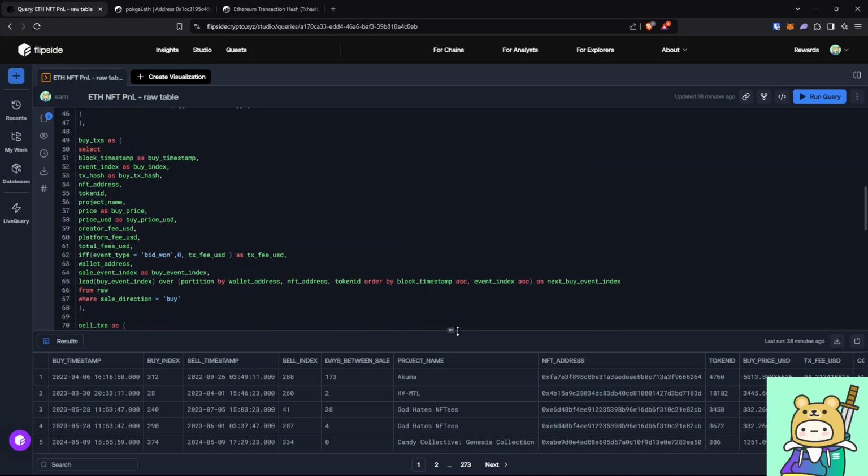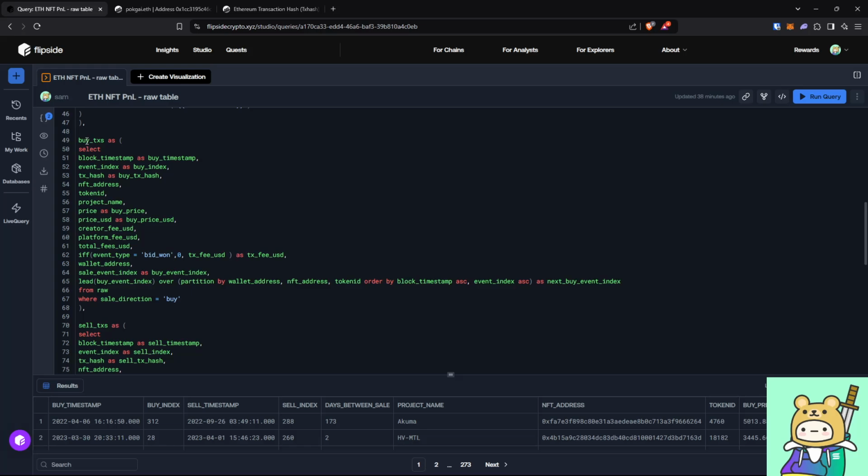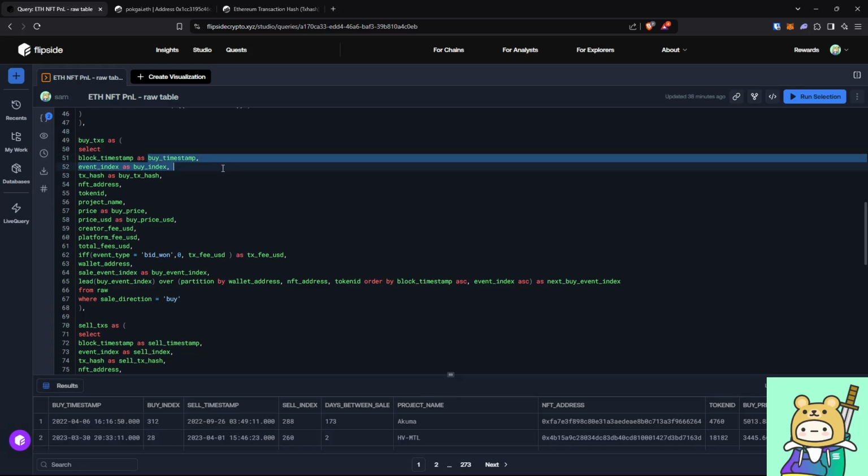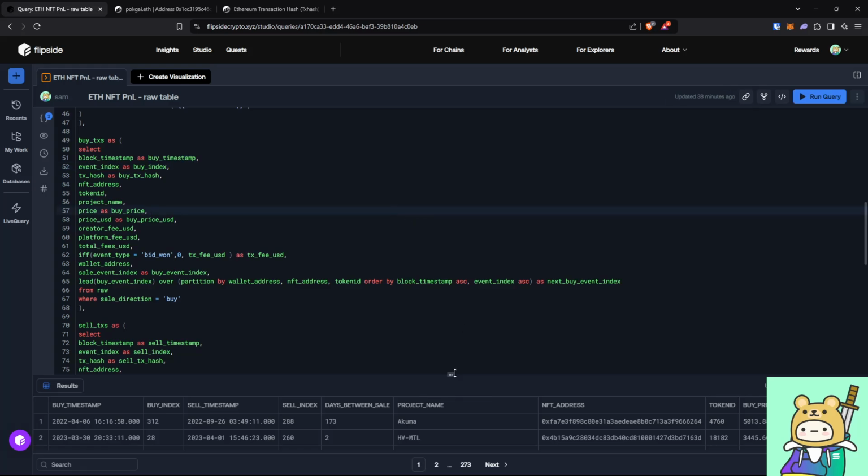So let's look at what the buy transaction CTE looks like, right? Again, from raw where it's buy, and then I'm just renaming it. For example, timestamp is renamed to buy timestamp, and the reason I'm renaming these things is so I'll be able to use these columns in my final query.